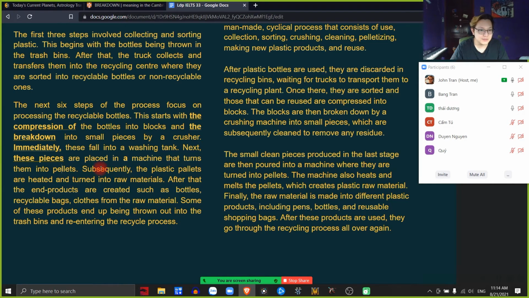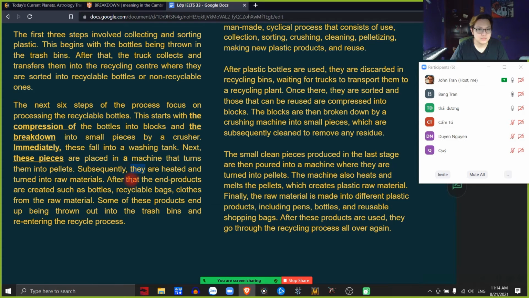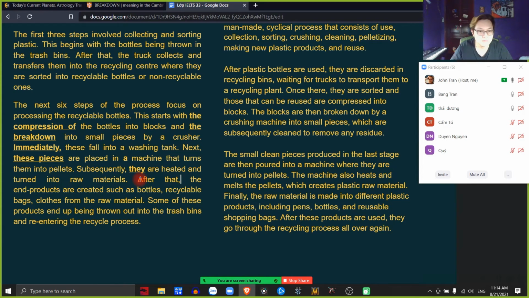So basically, subsequently, you can say they are heated. Chúng được làm nóng. They here stand for pellets. They are heated and turned into raw materials. After that, nhớ phải có comma, after that, the end products, những sản phẩm cuối cùng are created.